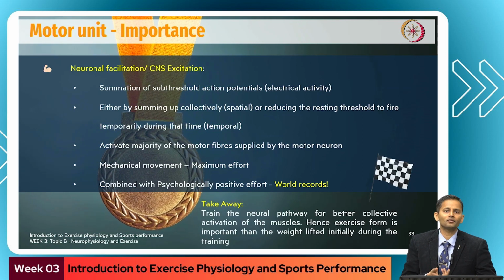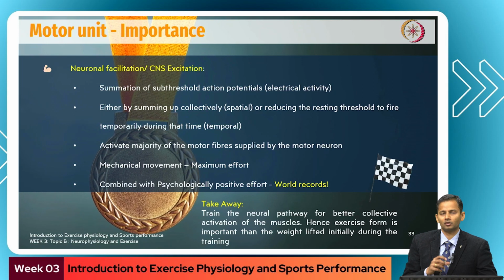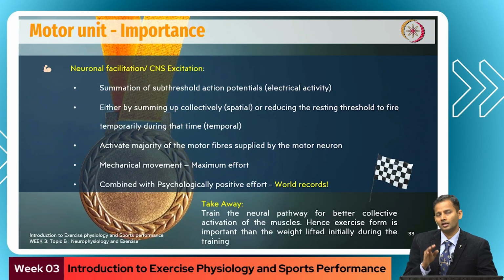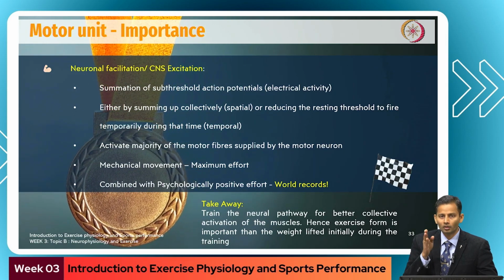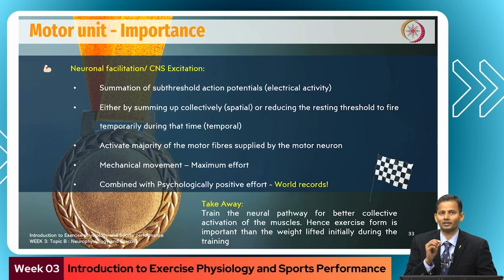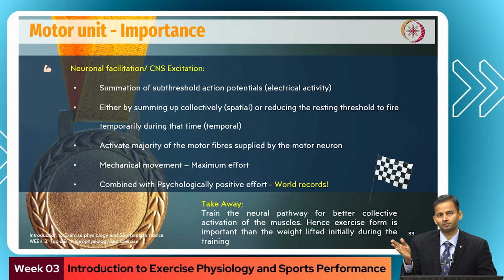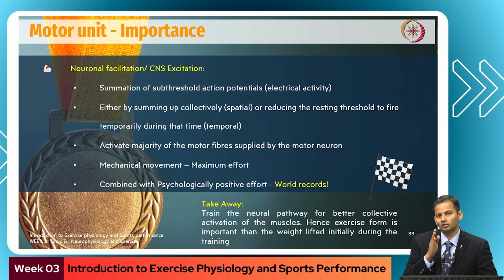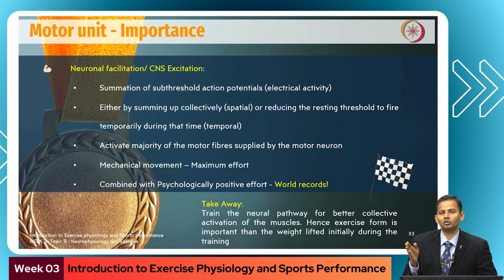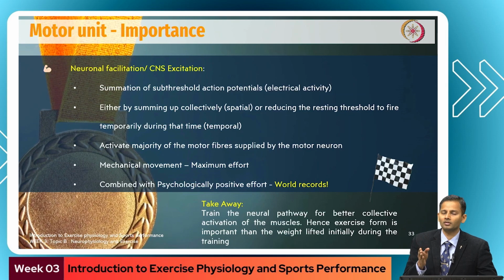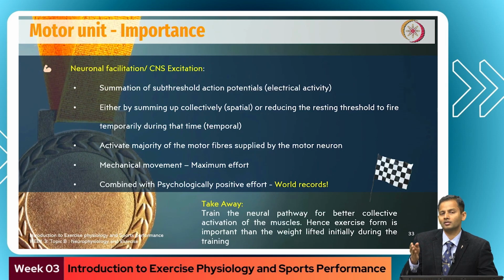So what is the takeaway from this neurophysiological concept? If you train the neural pathway for better collective activation of the muscle, you will have better output. So when you teach someone to perform an exercise, it is always important to perform the exercise in the correct form rather than lifting more weight at the initial stages.